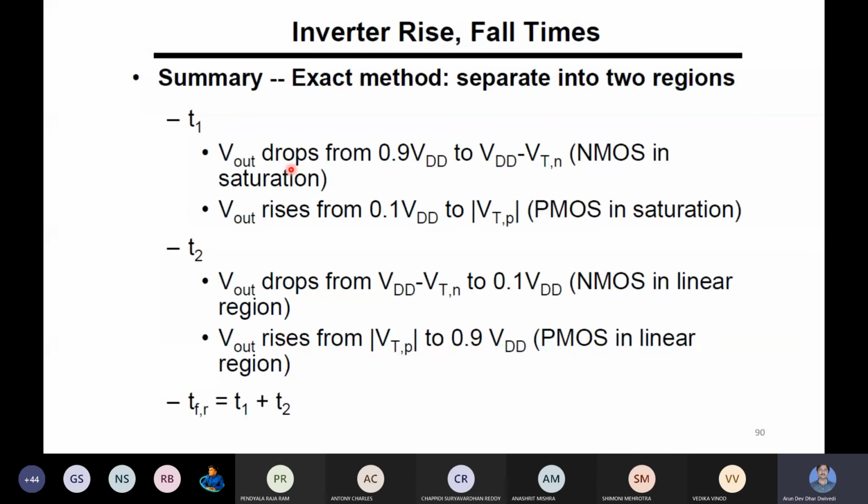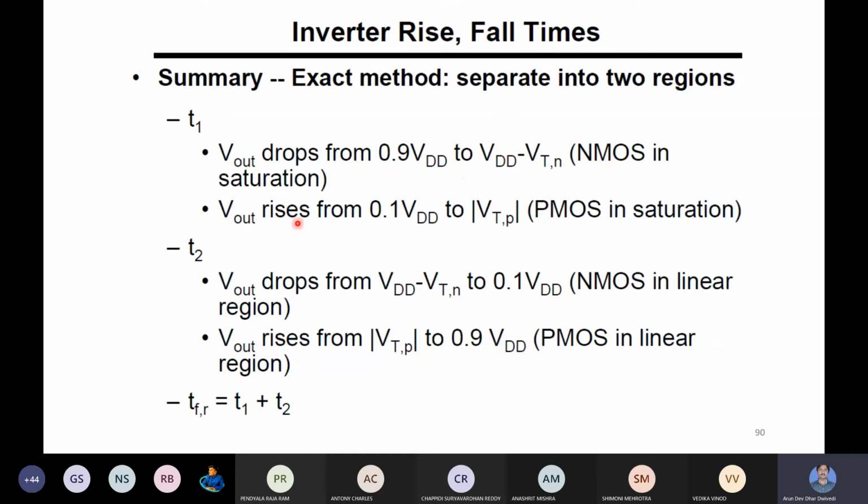So when the output voltage drops to 90%, meaning 0.9 times VDD, Vout starts at 90% of VDD and goes to VDD minus VTN. This is time T1, and it is for the NMOS.